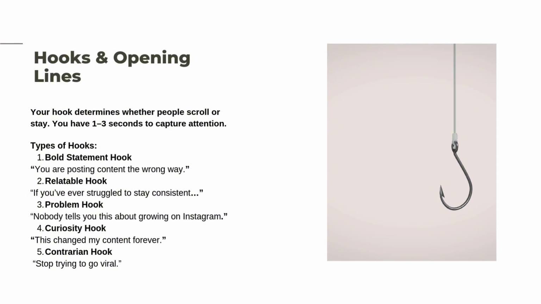So these are all 5 kinds of hooks that you can use when it comes to starting out generally with your content, right? The bold statement hook has to do with making a bold statement, like putting out statements that are contrary to popular opinions.